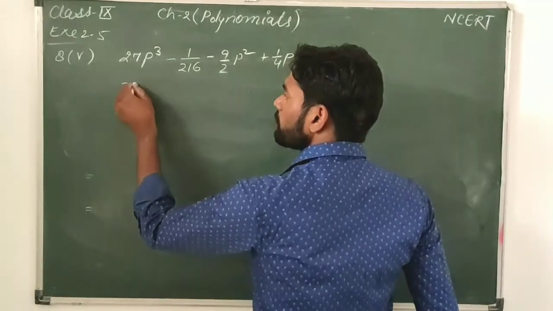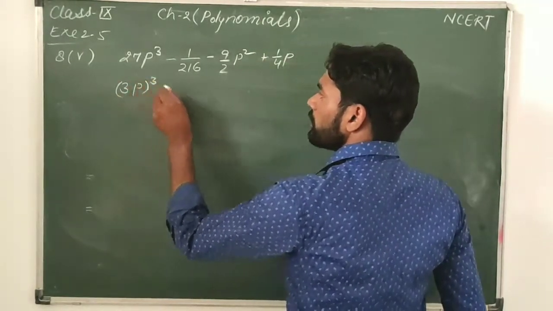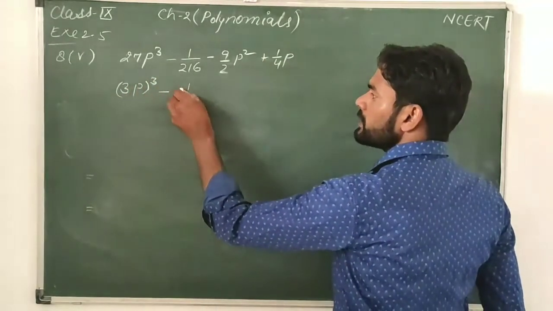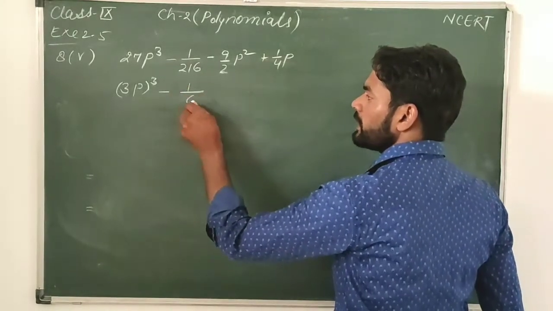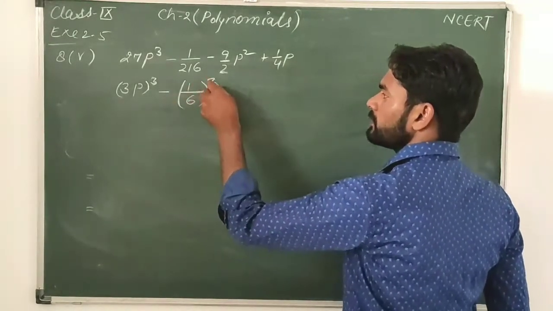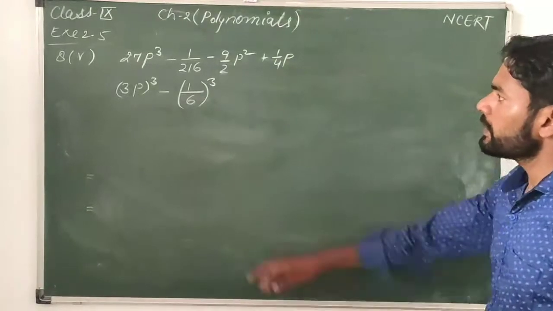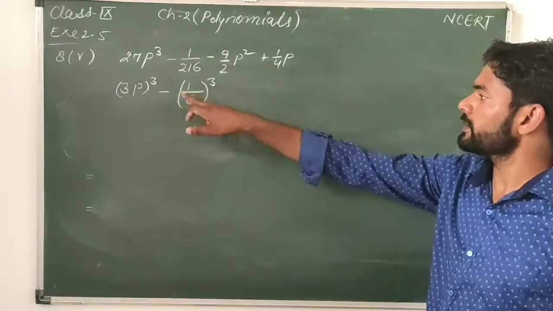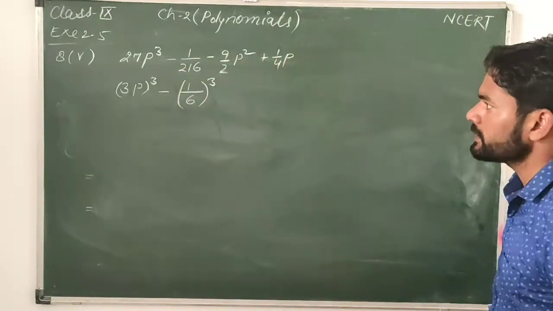27 is the cube of 3, so 3p whole cube minus 1 upon 6 whole cube. 1 cube is 1 and 6 cube is 216.